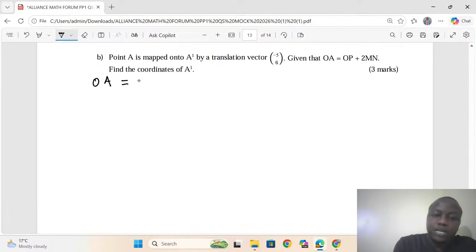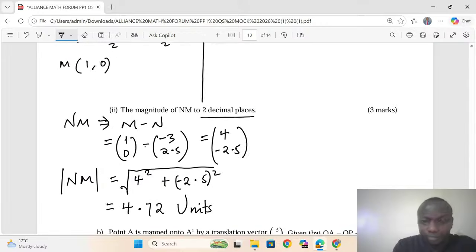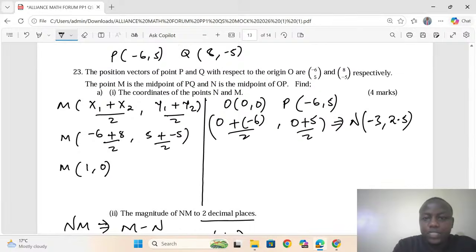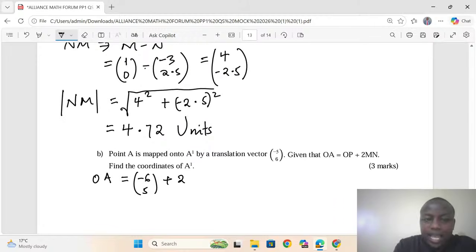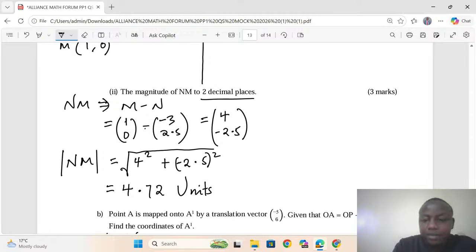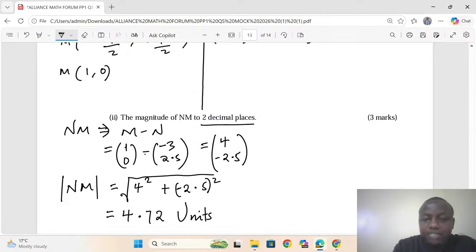It equals OP. OP was (-6, 5), plus 2 multiplied by which vector? Vector MN. Can we find vector MN first? MN means N minus M. N is here.